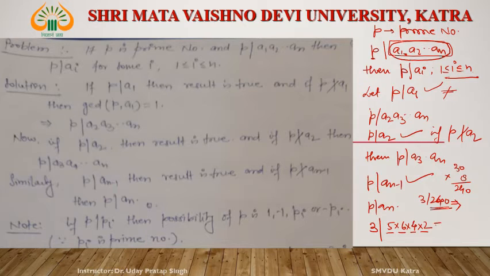Then this 3 divides either 5 or 6 or 4 or 2. 3 divides 5? No. 3 divides 6? True. So this problem says if P divides the product, then P divides AI for at least one I. This is the proof. If P divides any prime Pi, then P is either 1 or minus 1 or Pi or minus Pi.